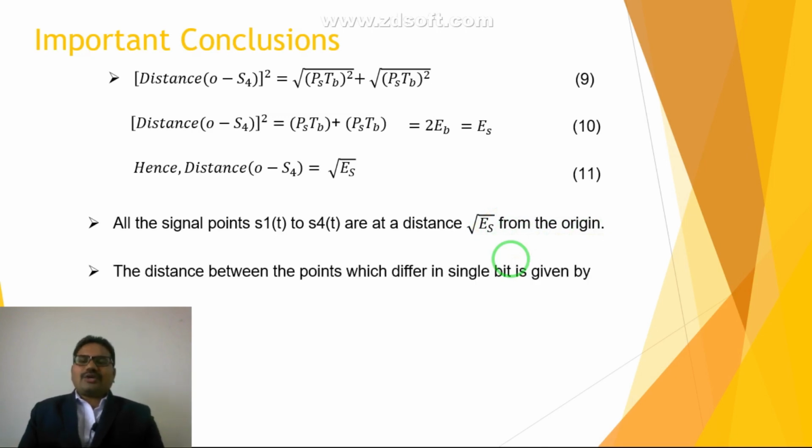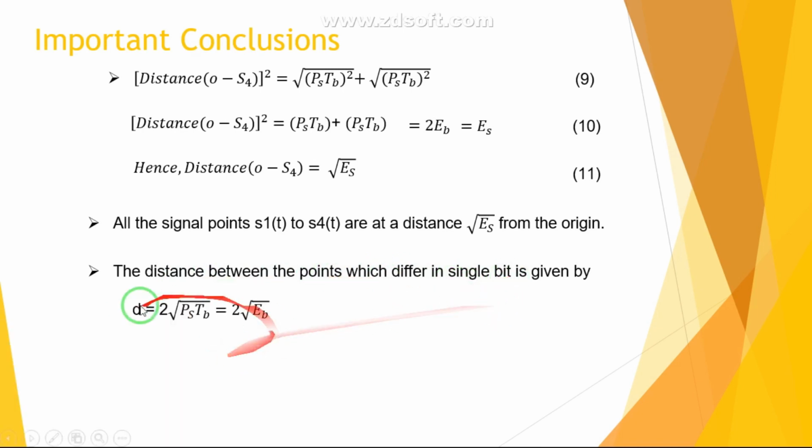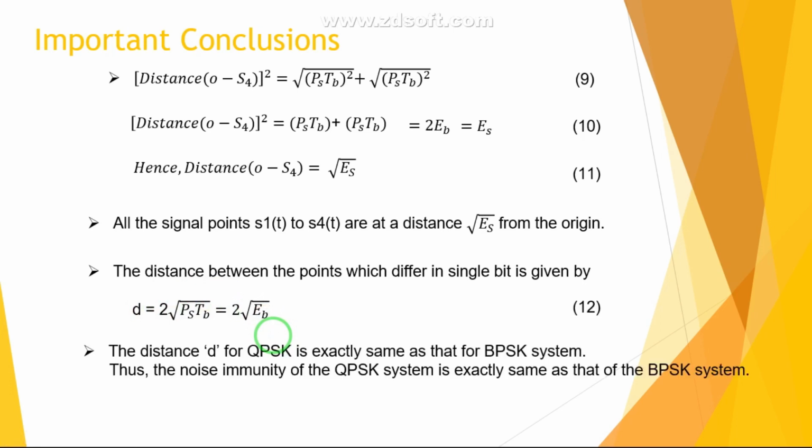Second conclusion: as I already told, the distance between the points which differ in a single bit is given by this formula, D equal to twice the root of PsTb. It means twice the root of Eb. This is your second conclusion. Make it equation number 12. And the third conclusion is that the distance D for QPSK is exactly the same as that of your BPSK system.